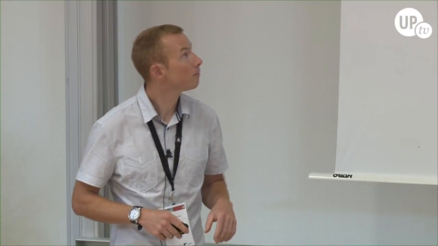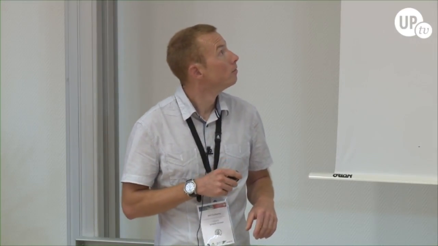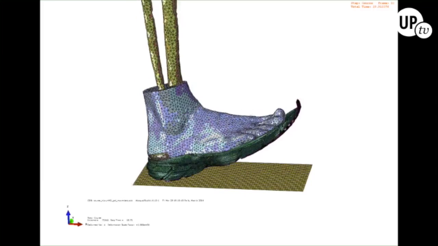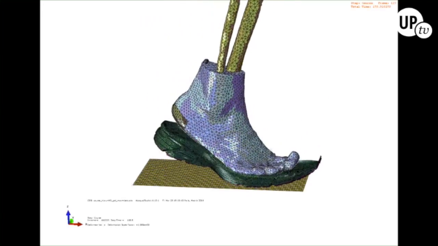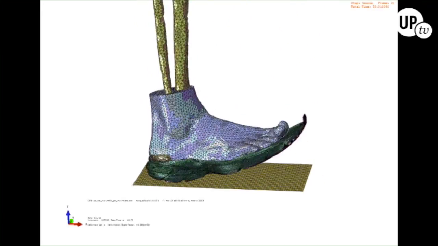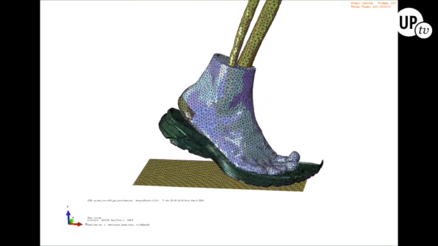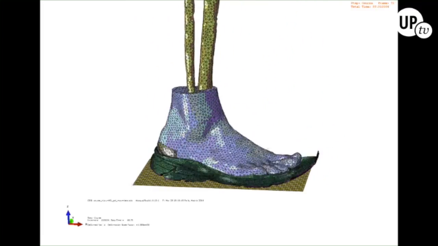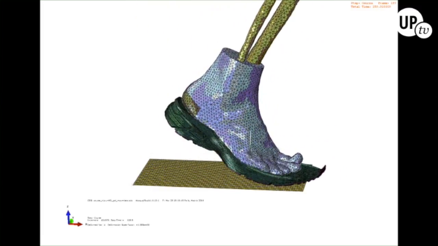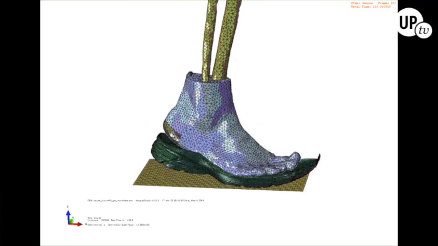So we have a 3D finite element model of the foot. How can we use it to design new shoes? We just put a finite element model of a running shoe around the foot. And I'm only presenting here the midsole behavior. And so you can see that the midsole follows the foot, obviously.